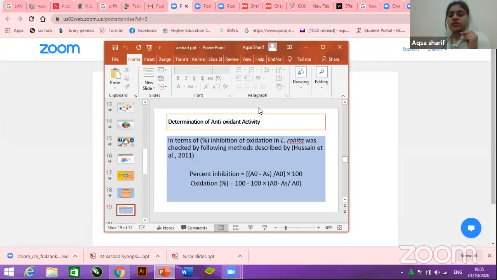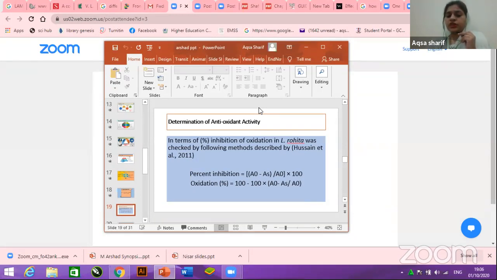And the antioxidant status was also determined by determining the percentage inhibition of oxidation, because oxidation is dangerous for the fish species. So we want to antioxidize it by alpha tocopherol, and its results were determined in terms of percent inhibition.